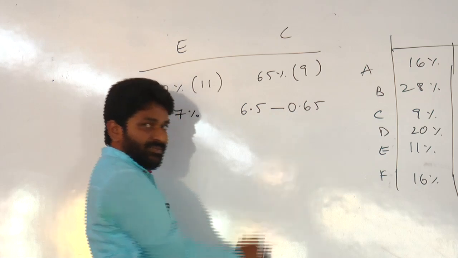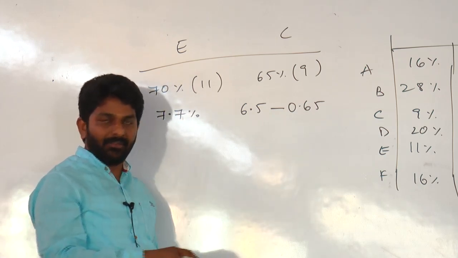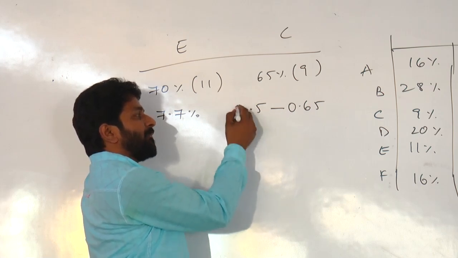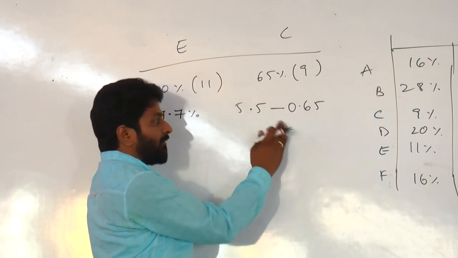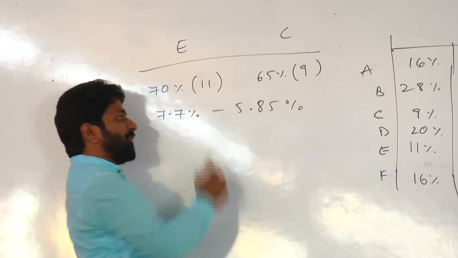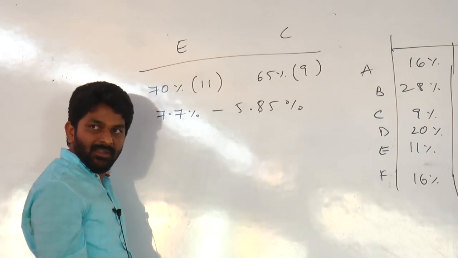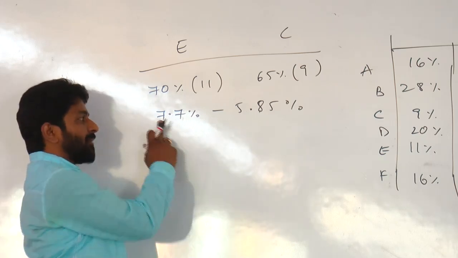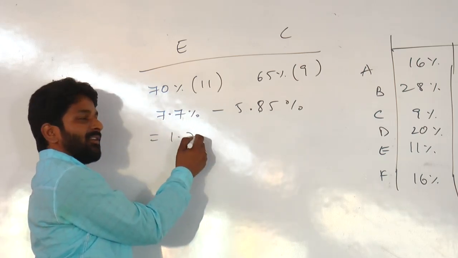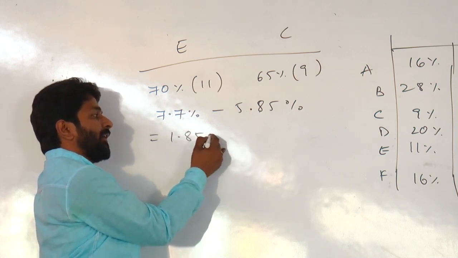Instead of 0.65, let me subtract 1 and then I will add 0.35. If I subtract 1, that becomes 5 and I need to add 0.35. So that becomes 0.85%. And you are asked about difference. Instead of this, subtract 6%, add 0.15%. Subtract 6%, that becomes 1.7, and again you need to add 0.15%, that becomes 1.85%.